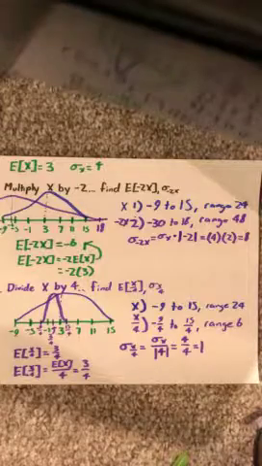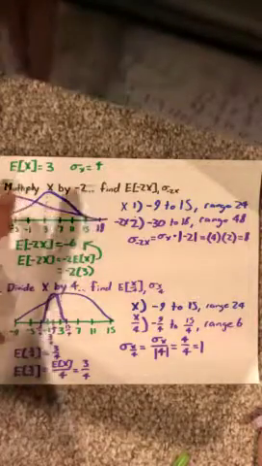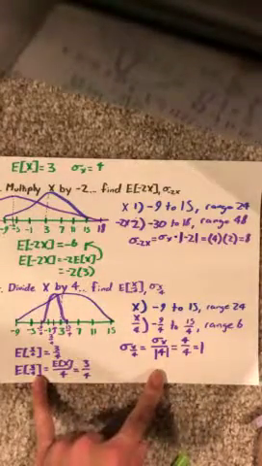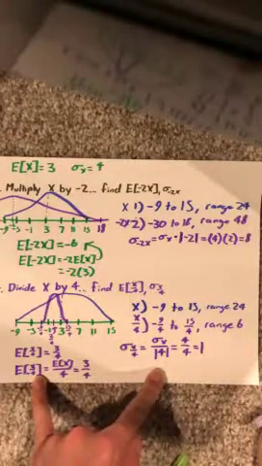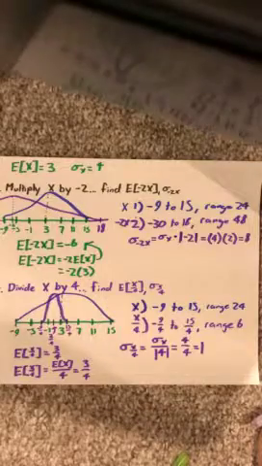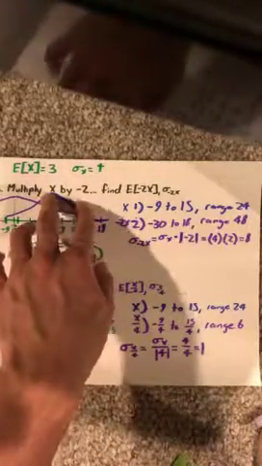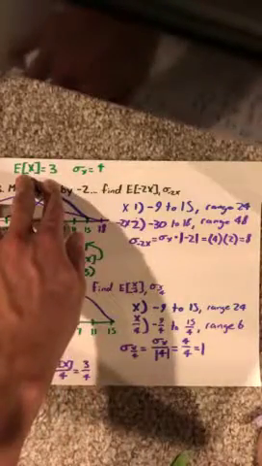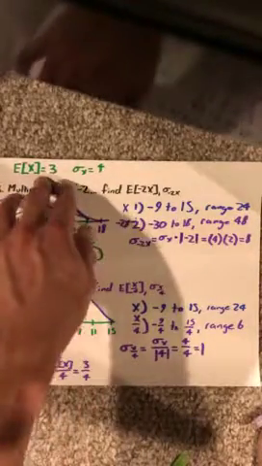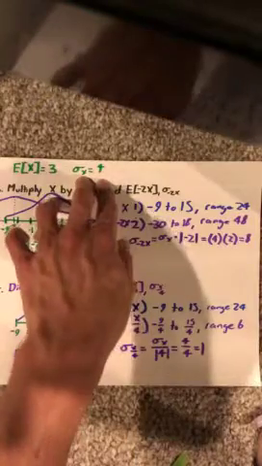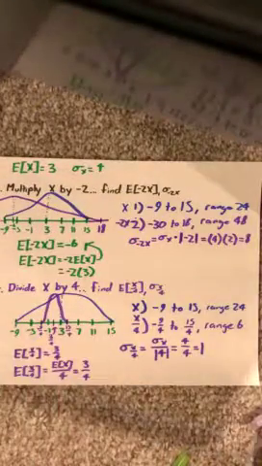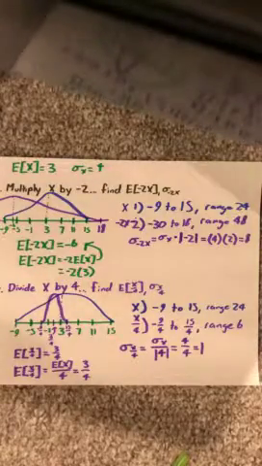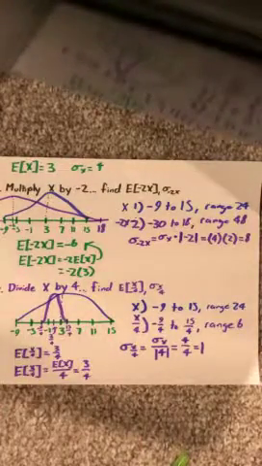So just remember in this scenario that you are given a negative number, that we always want our standard deviation to be positive. You'll notice between the multiply and dividing that each of these operations to find the standard deviation and expected value follow exactly what the operation itself is. So if we're multiplying x by negative 2, we're going to multiply the expected value of x by negative 2, and then we're going to multiply the standard deviation by negative 2, and then take the absolute value of that, and we're going to do the same thing with division.